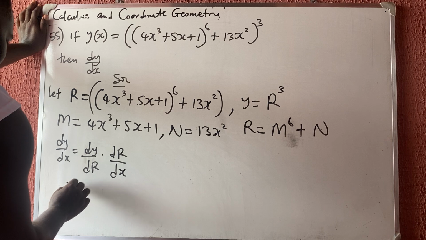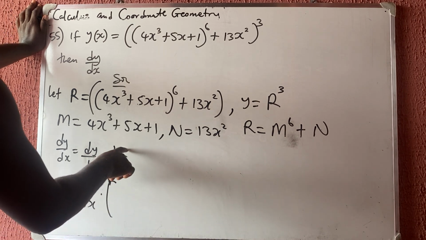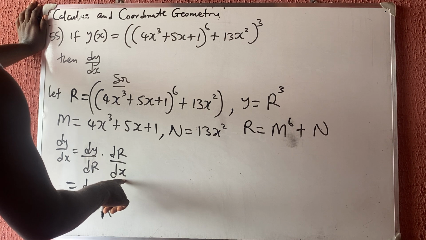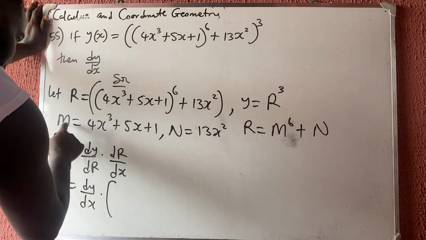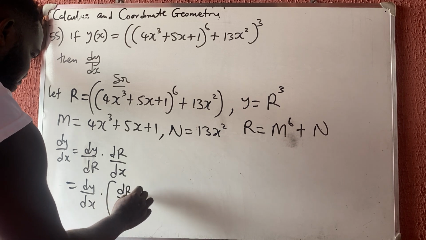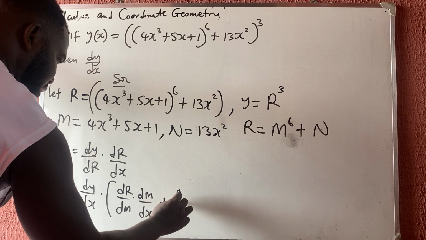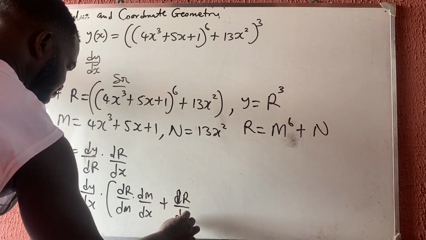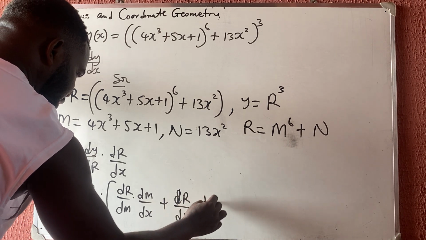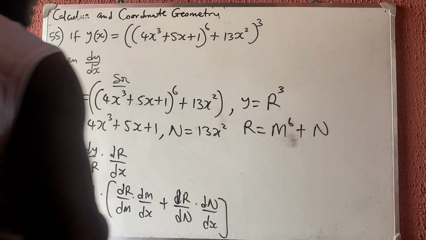So this is equal to dy dr dot dr dx. Now dr dx simply means, let's go with this one first, dr dm dot dm dx plus dr dn dot dn dx. Now, if you get all these things, we are done with this question.